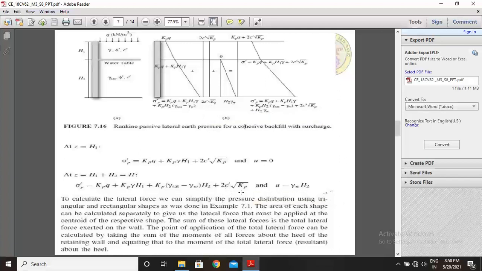Then the water pressure u equals gamma W into H2.